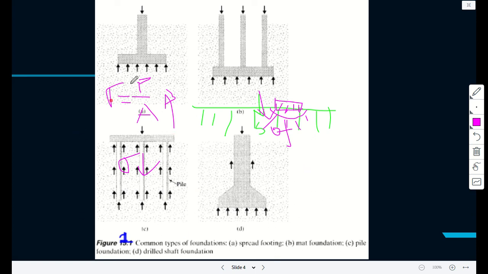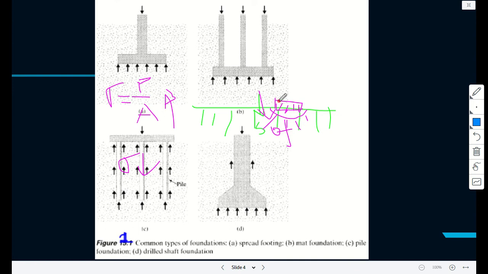Anyone? You increase the area. But the load is fixed. The building of the structure, if it's 8 story, you cannot do anything about it. So the only thing you can do is increase the area. That's the idea of mat foundation.